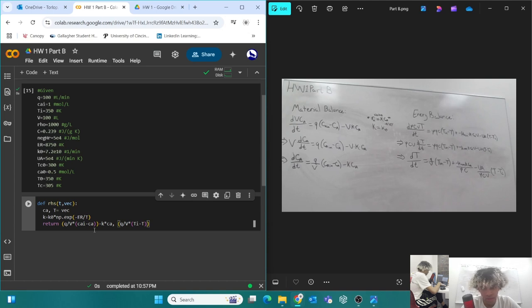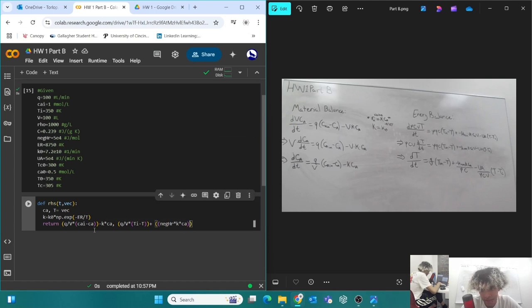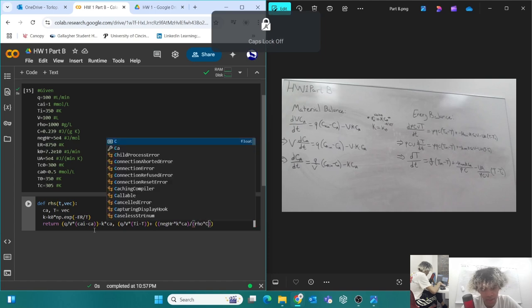So we have Q over V times that, and then that is being added to negative HR times K times concentration, and then that is divided by rho times the heat capacity.